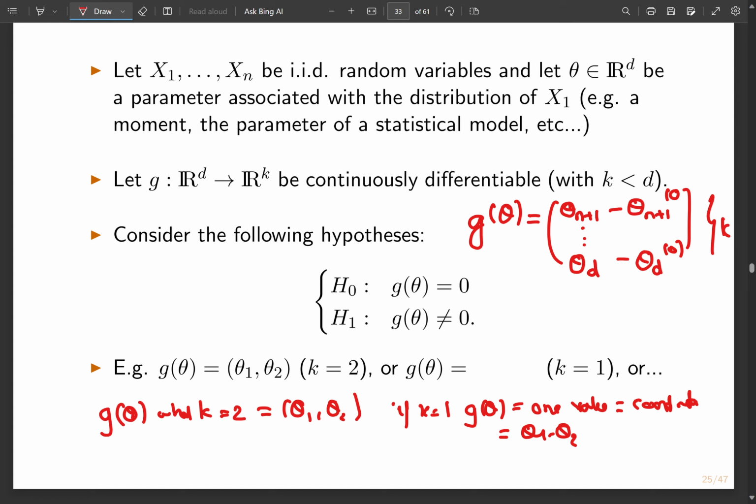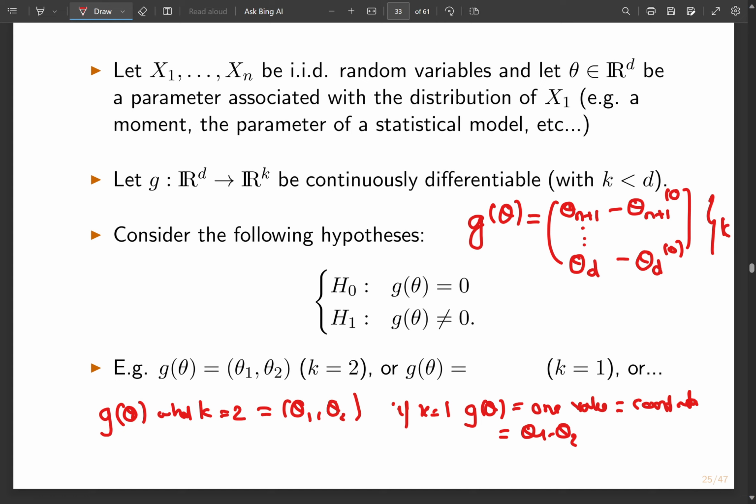We had a function g that took the d dimensions to a subset of size k, and we could define this function any way that was suitable for our purpose.